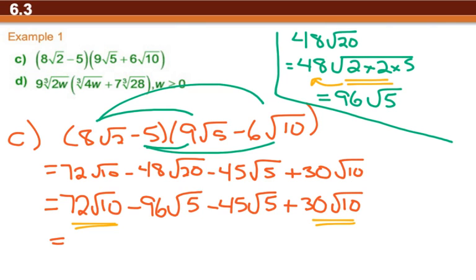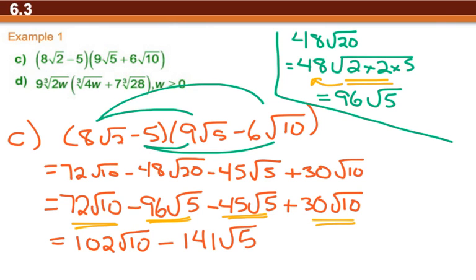Go back to the methods we looked at in 6.2 when we're adding radicals. We'd get 102 root 10 out of that. And we also have negative 96 root 5 minus 45 root 5 to give us negative 141 root 5.